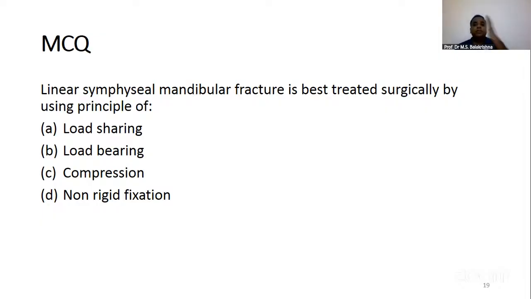Then reconstruction plate is generally given in comminuted fractures, unstable fractures, or atrophic mandible. Our previous question was atrophic, very thin mandible, so reconstruction plate also was a probable answer. That's what I told, it's a controversy. And large screw fixation can be given in oblique fractures, when excellent compression is technically required. So those are the things which you should read in and around that.